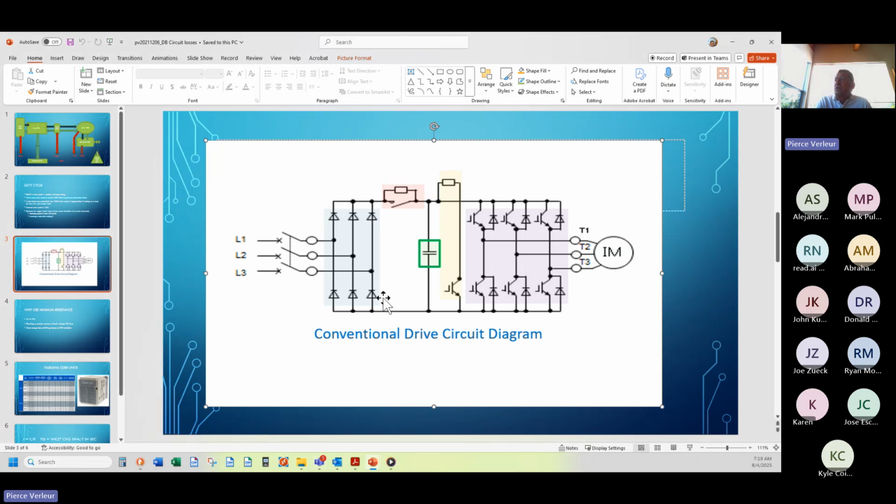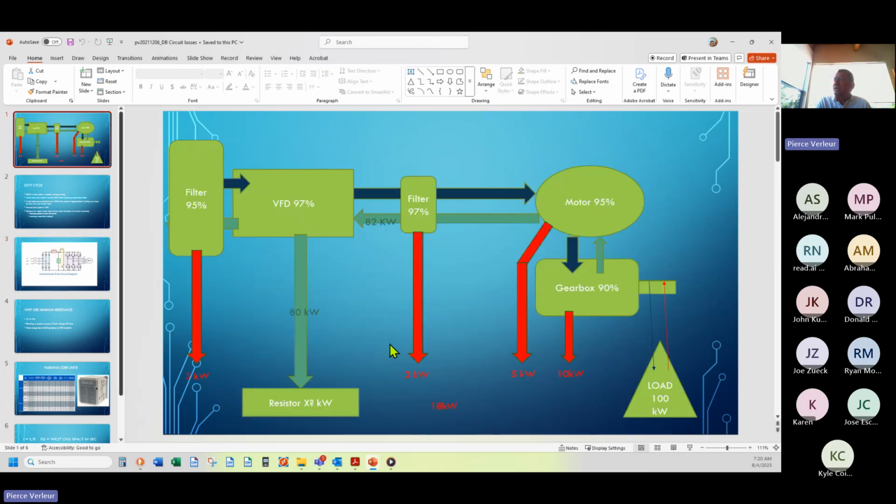So first we absorb with the capacitor, then we start to fire this transistor and push energy across the resistor, and that turns that energy into heat. How do we size this circuit? If I've got 82 kilowatts coming back at me, do I need an 82,000 watt or 80,000 watt resistor?